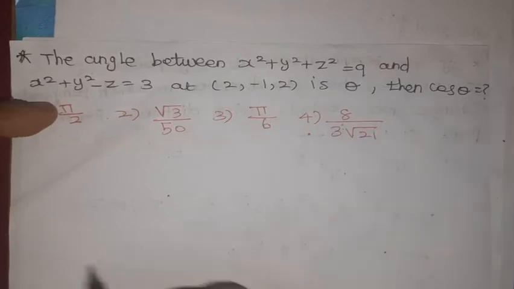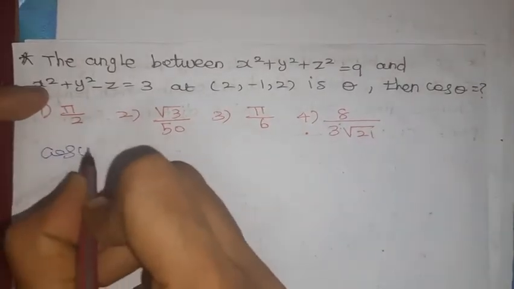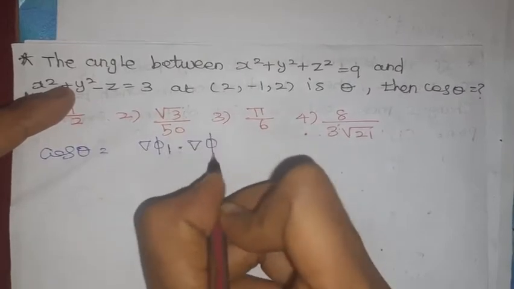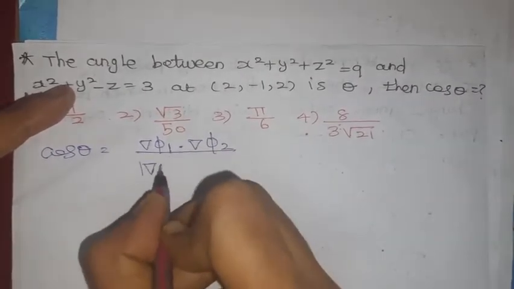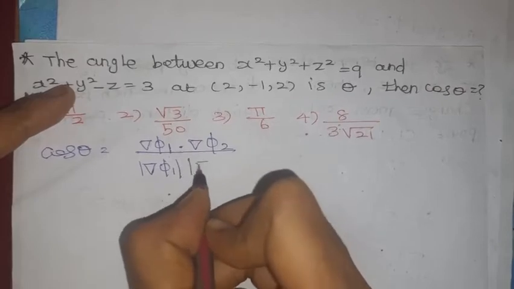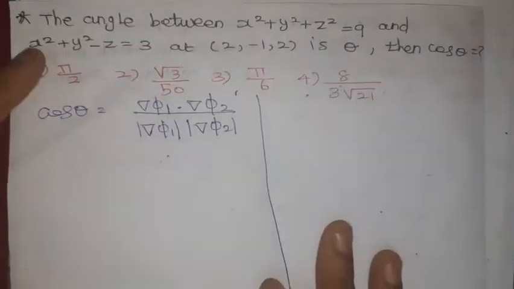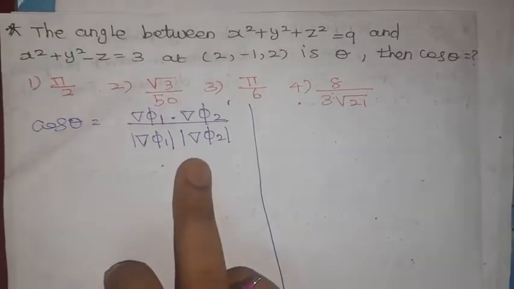So the cos theta formula, whenever two surfaces are given, is del phi 1 dot del phi 2 divided by modulus del phi 1 times modulus del phi 2. This is the formula to find the angle between the two surfaces at the point.